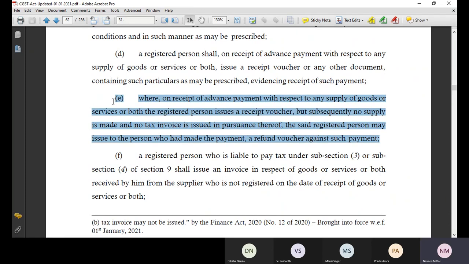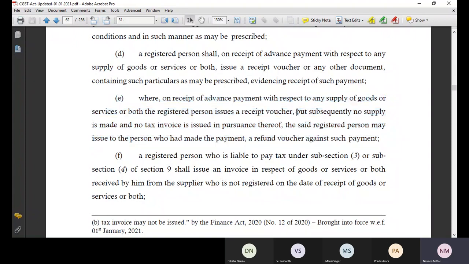Where on receipt of advance payment with respect to any supply of goods or services or both, the registered person issues a receipt voucher. The moment you receive advance, you have to issue a receipt voucher, but subsequently no supply is made. You are not making any supply against that advance. And since you are not making supply, no tax invoice is issued in pursuance thereof, of course.